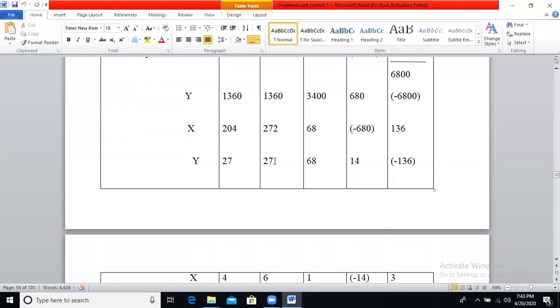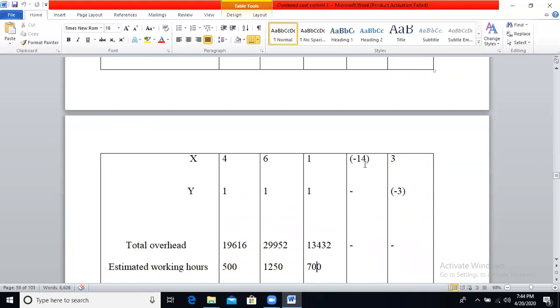And for department B, 136 into 20%, 27. And for department C, 136 into 50%, you will get 68. So total all the three department values, 27 plus 27 plus 68, you will get a total of 122. So 136 minus 122, you will get a balance of 14. That should be reapportioned to the X department.